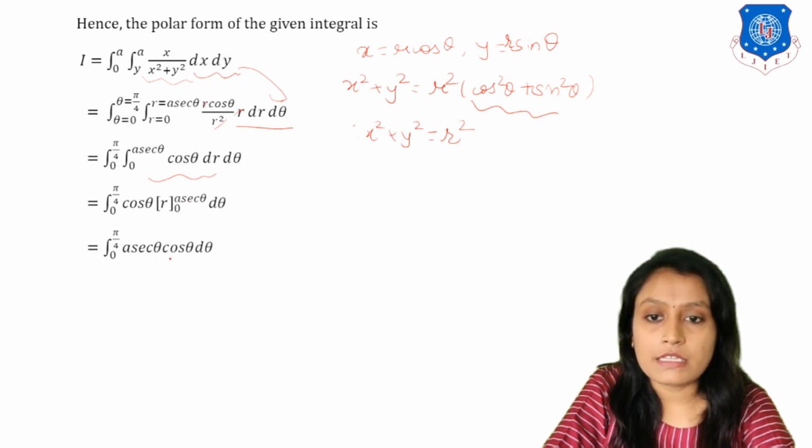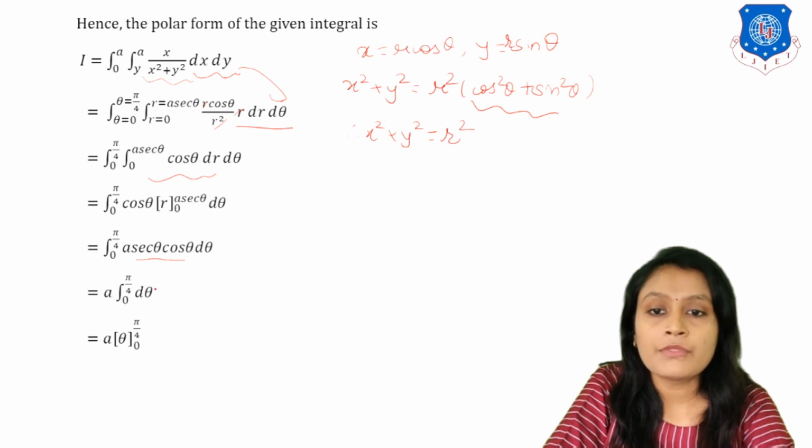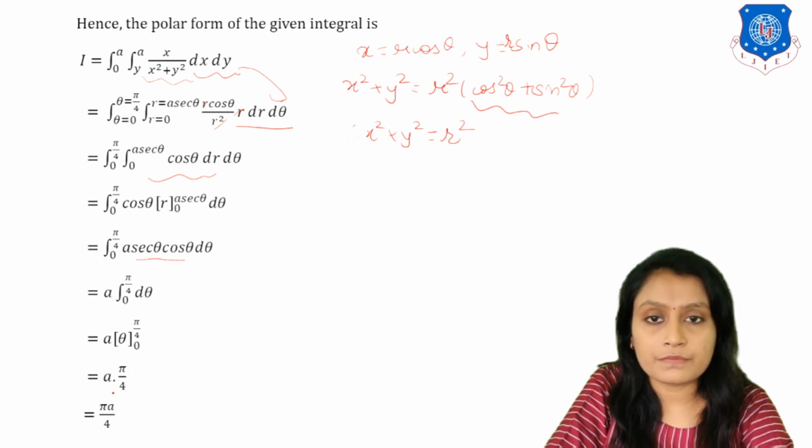So we have a sec theta into cos theta, and we know sec theta into cos theta is 1. So what remains is a, which we will take outside of the integration. Again we have to integrate this with respect to theta. So you will get theta and the limits are 0 to pi by 4. Substitute the limit, so you will get the answer as a pi by 4.